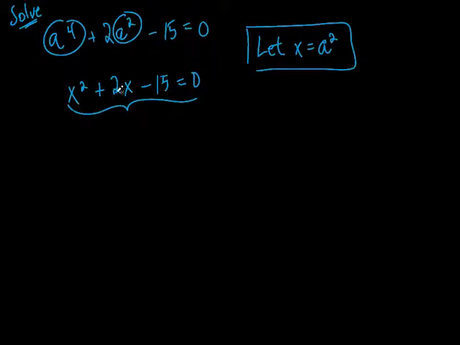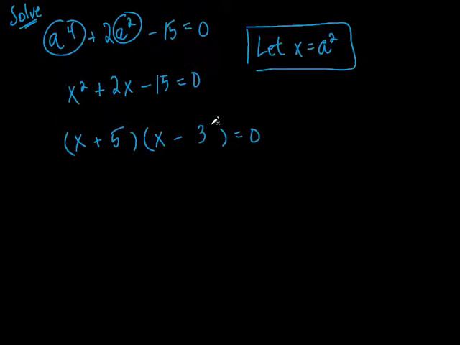But by substitution, now we have something that we're used to, and now we can factor this. All right, so let's factor this. This is kind of like the same factoring I did earlier. It's just a coincidence. So we've got an x here and an x here. I've got a plus and a minus, and this time the 5 is positive and the 3 is negative. Everybody good with that?